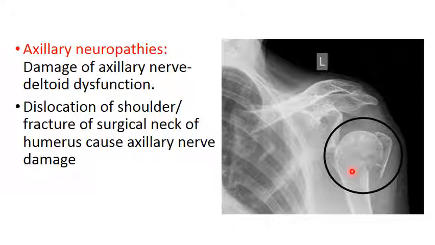Why? Because the axillary nerve, which supplies the deltoid muscle, is responsible for two major movements: one is abduction, then flexion of the shoulder joint. So these are the clinical correlations of the deltoid muscle.